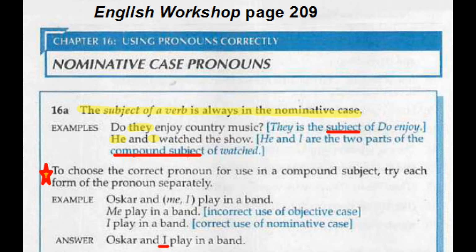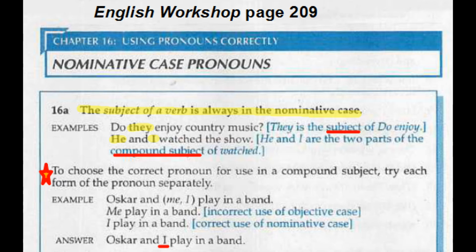To choose the correct pronoun for use in a compound subject, try each form of the pronoun separately. Now I want you to put a star next to that because that's really important. Example: Oscar and, is it me or I, play in the band? Well, let's separate them. Me play in the band, ooh, that sounds awful.